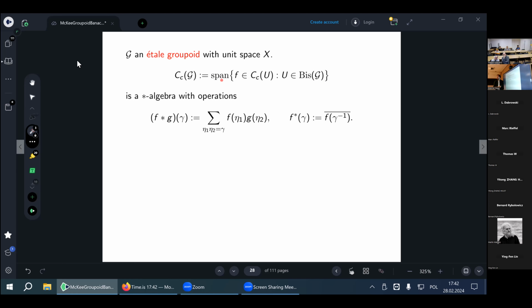So by span, you mean the span in the vector space of all complex valued functions on G? Yes, so we take linear combinations of functions f which are compactly supported and live on a single bisection.